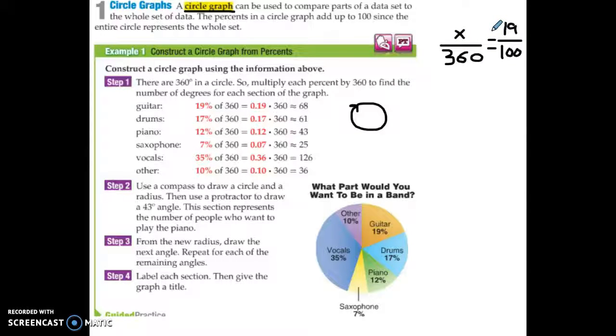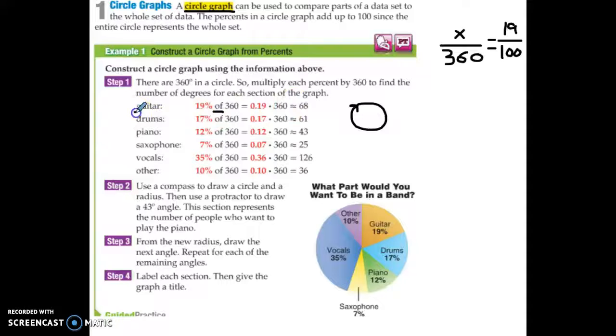If we want to use proportions, it's the part over the whole. So part of the percent over the whole percent equals part of the degrees over the whole degrees. Or I can use my percent by just going, of means multiply. So 19% of 360 means take 0.19 times 360, and it's going to be a 68 degree angle for that circle.